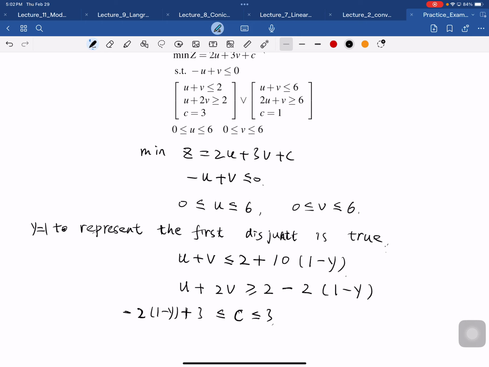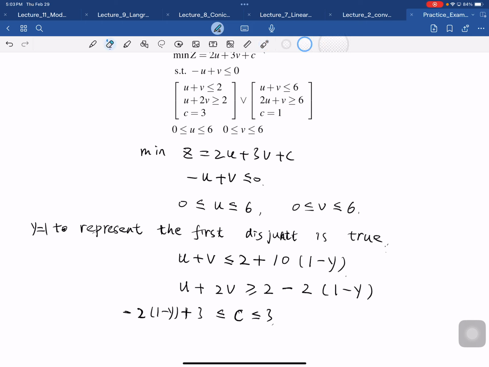Yes? I picked 4 for the first constraint. You pick this one? Yeah, so you pick 4. What will be your argument here? Because for the second disjunct, it is less than or equal to 6. Oh, okay, yeah, you are right. That's a very good point. You can check this constraint as well.